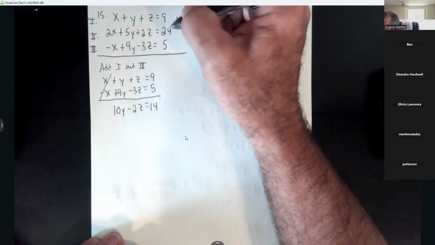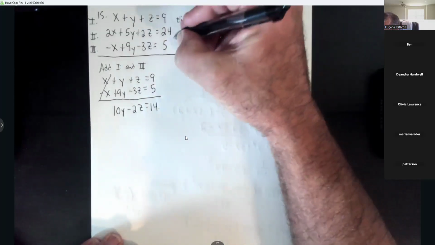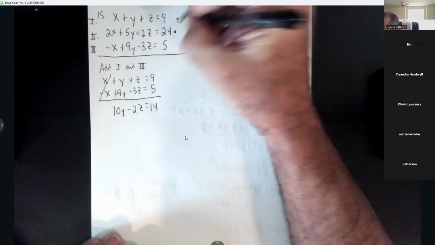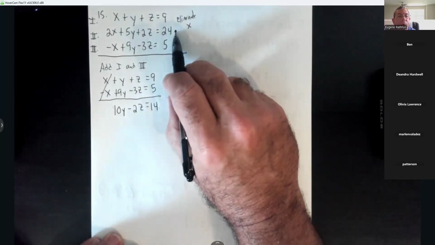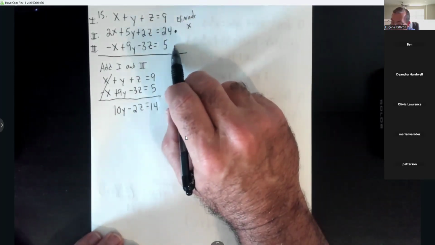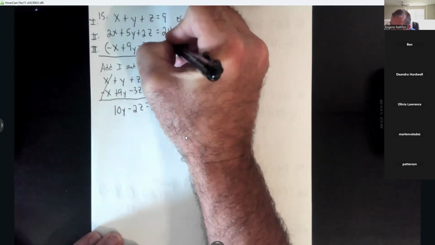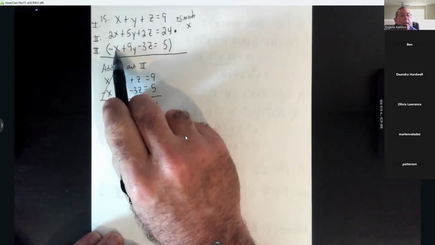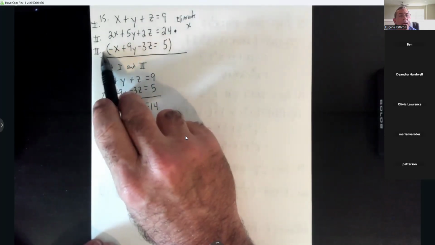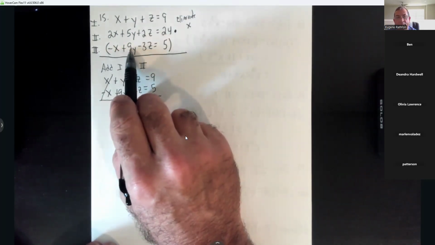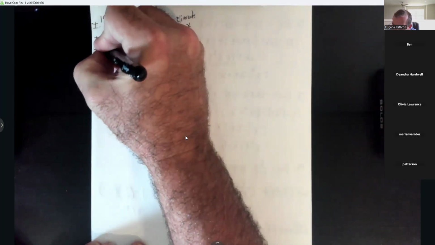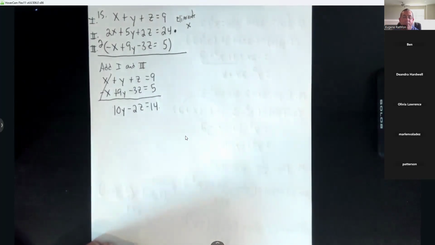All right, so I'm going to eliminate x now, and I got to use the second row this time. So what I'm going to use is the second row and the third row. But y'all, if I'm going to eliminate the x's, what do you need to multiply this third row by? Good job. We're going to multiply that by a 2.